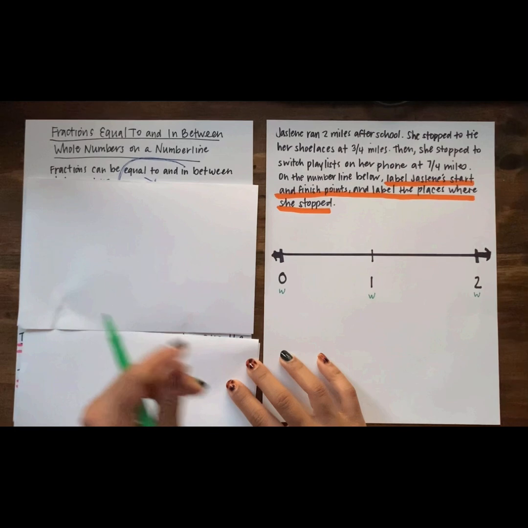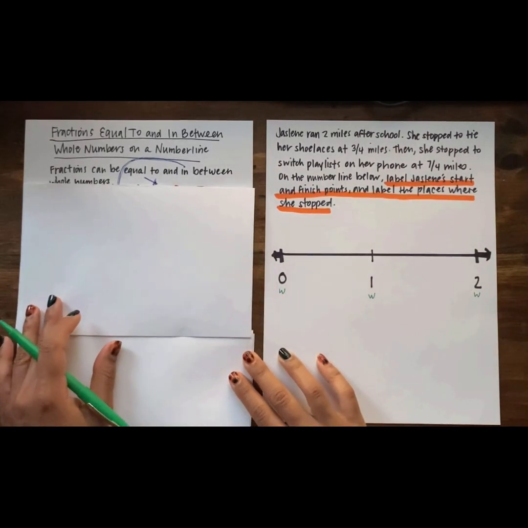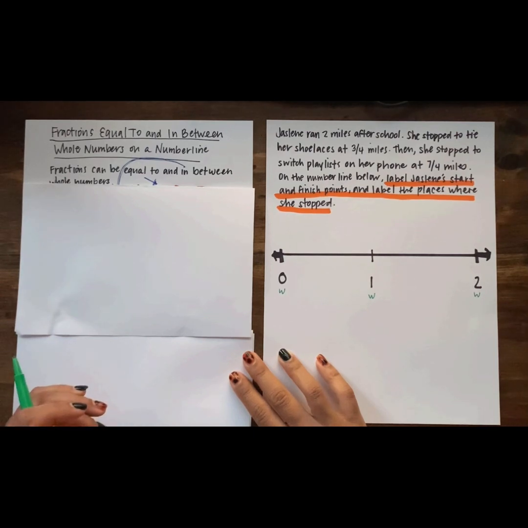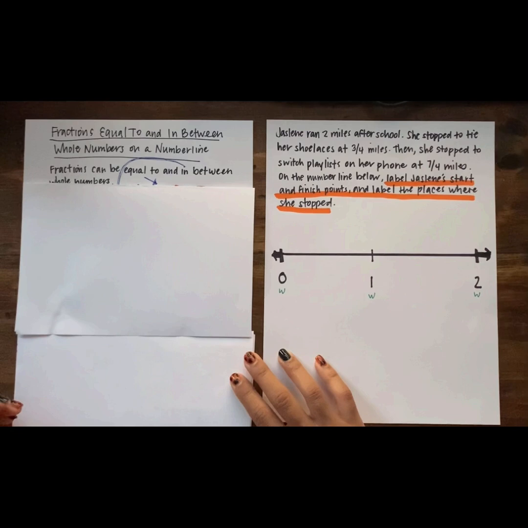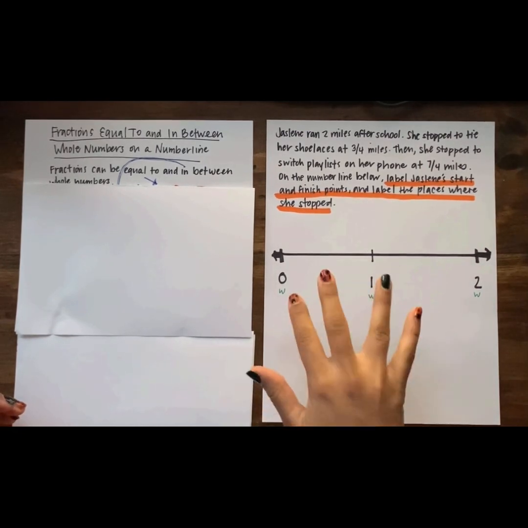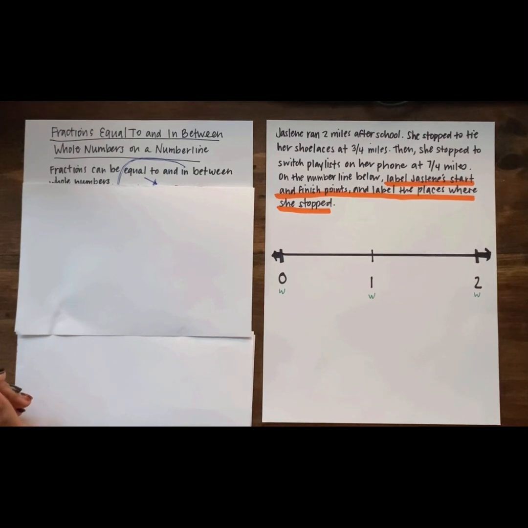Where are the wholes represented in this problem? Where are the wholes represented on this number line? Another way to think about it is, what parts of the number line represent our whole numbers? That's right.